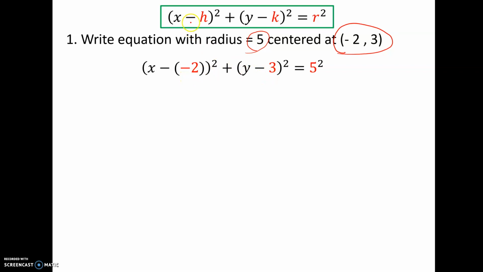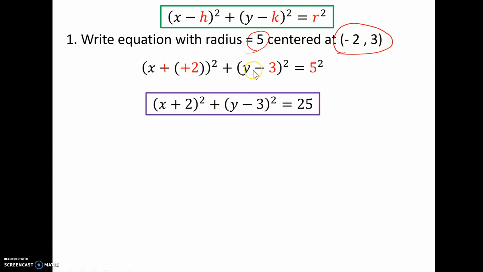But this is like saying the opposite of h, the opposite of k. Well, if my h is a -2, I want the opposite of -2, which is going to be positive. I'm going to get x plus 2. And then y minus 3 again, because I want the opposite of my k here. That means it's going to be -3.